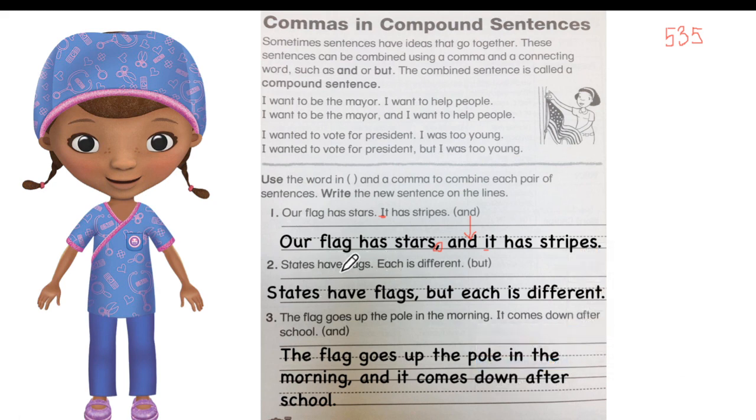So, states have flags. Change the period into comma. Then the next step, you put the conjunction word but. And the last step, change the capital letter in the word each into the small letter. And you have a compound sentence using the comma.